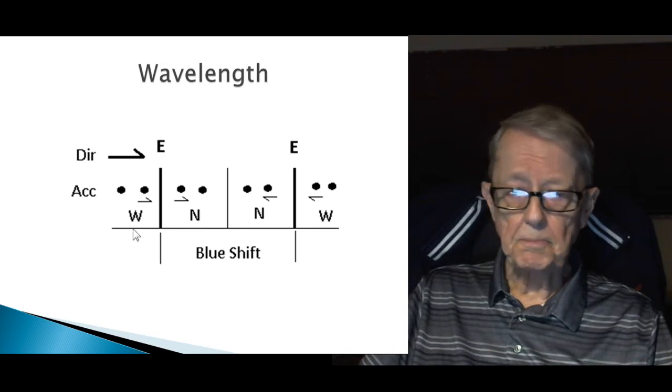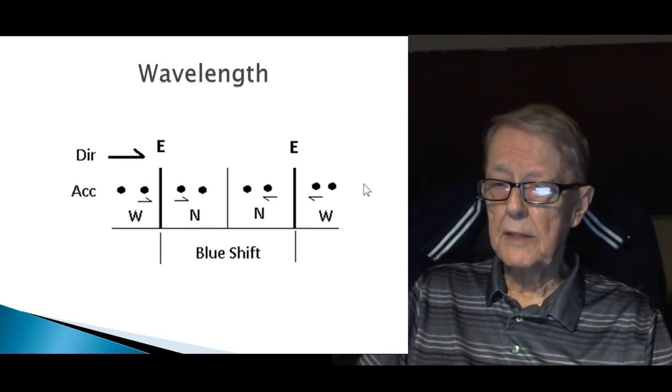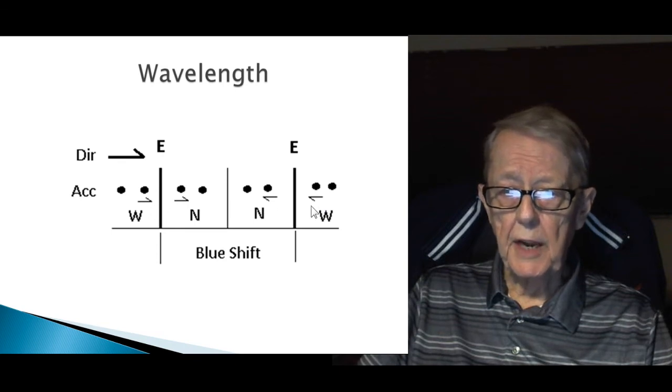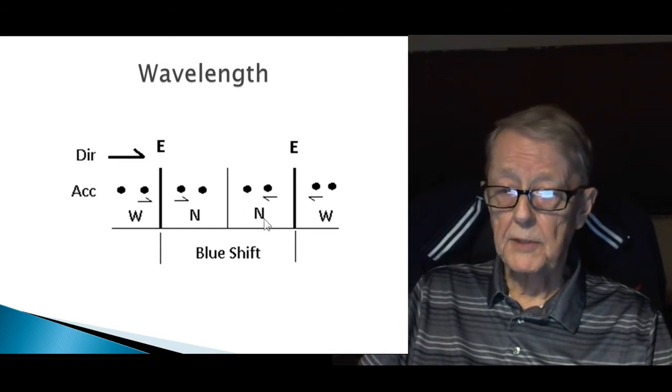In general, from out here to out here, the wavelength is the same, but from edge to edge, interestingly enough, the wavelength gets shorter in both halves.